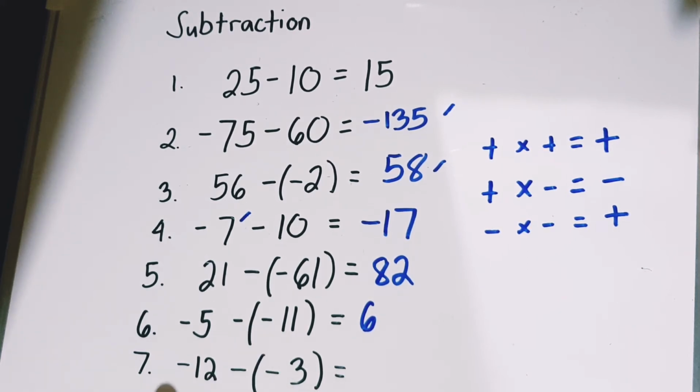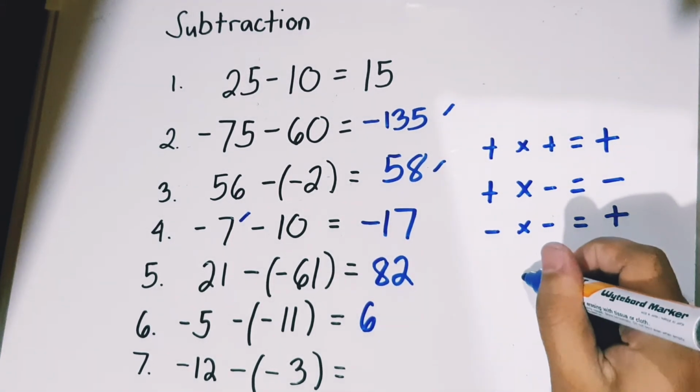But in regards to the signs of the numbers, the first one is 12 and the second one is 3. The first one is a bigger number than 3, unlike case number 6, which is 5 and 11. So the first one is negative 12 and the second one is negative 3.